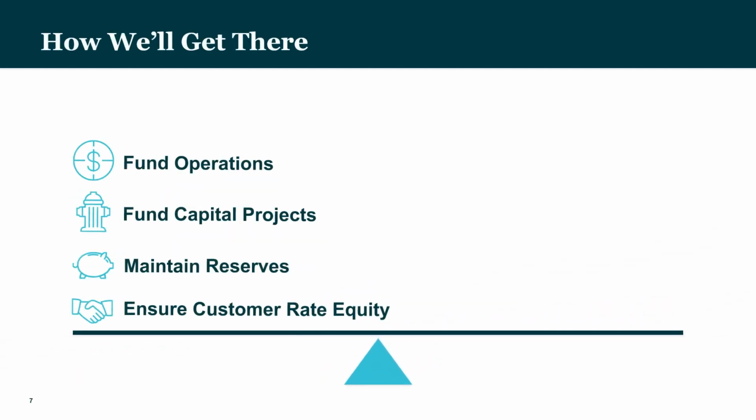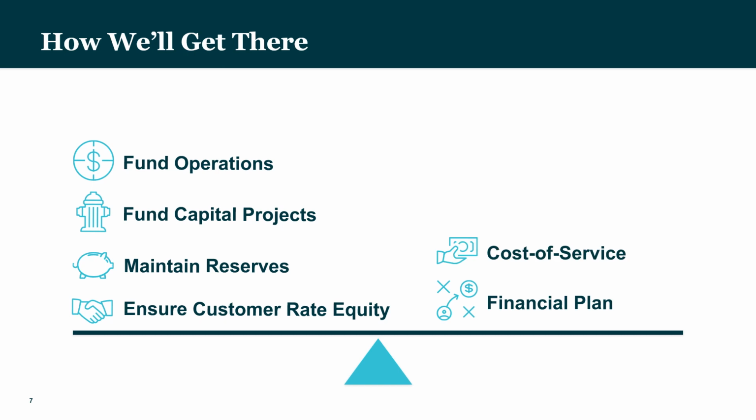A thorough analysis resulting in a financial plan, cost of service study, and rate design is a best management practice in how we'll achieve fiscal stewardship of utility operations and ensure delivery of safe, reliable, high-quality services that are essential to our everyday life.